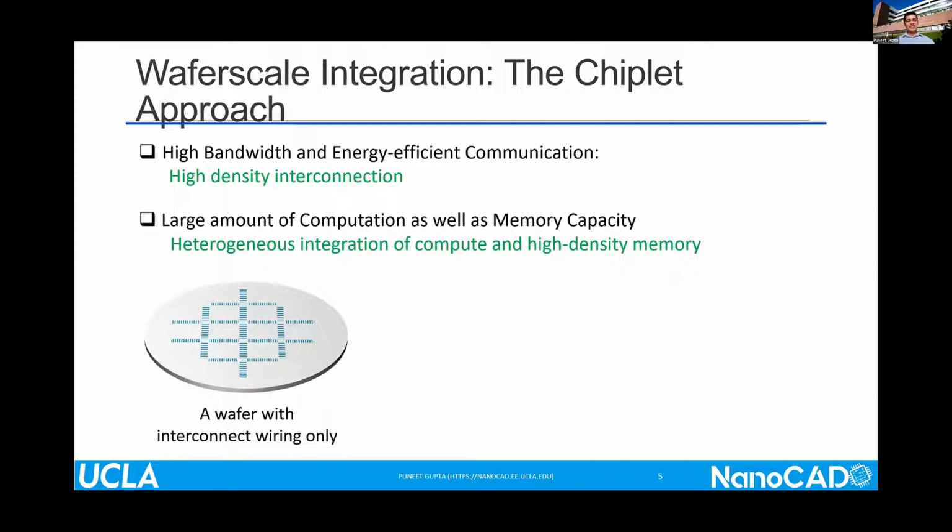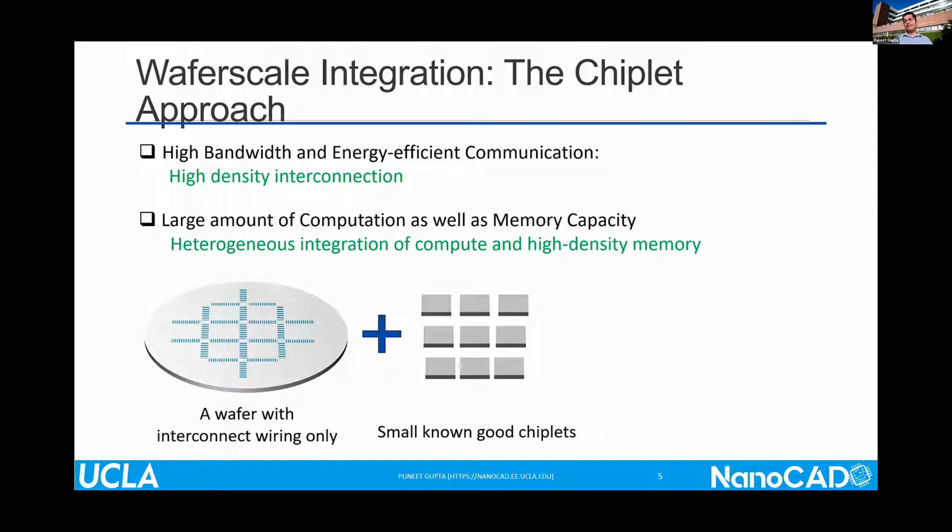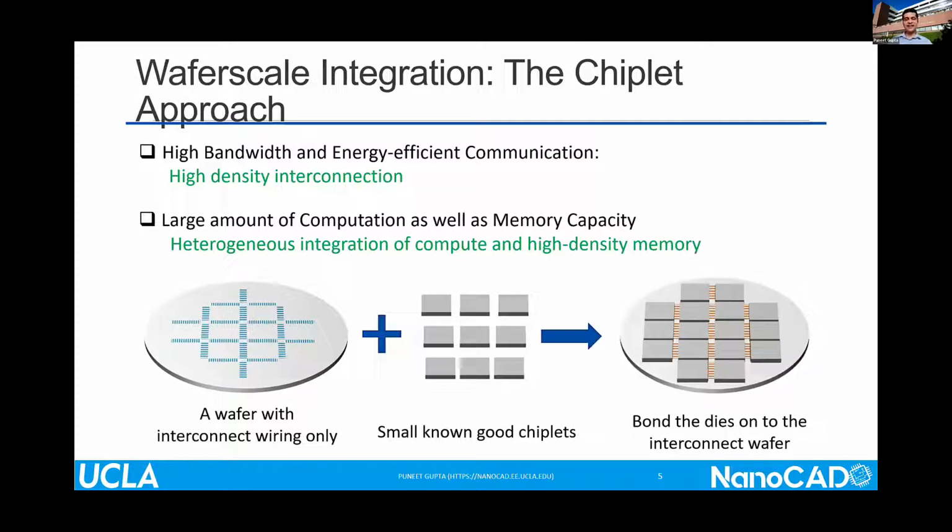So the approach in so-called wafer scale integration here is I take a passive wafer with only interconnects, couple it up with, let's say, known good chiplets. Yes, the previous talk raised the issues of what known good even means, but I'll briefly talk about that. And bond these quote unquote known good chiplets onto this passive interconnect wafer and assemble a large system.